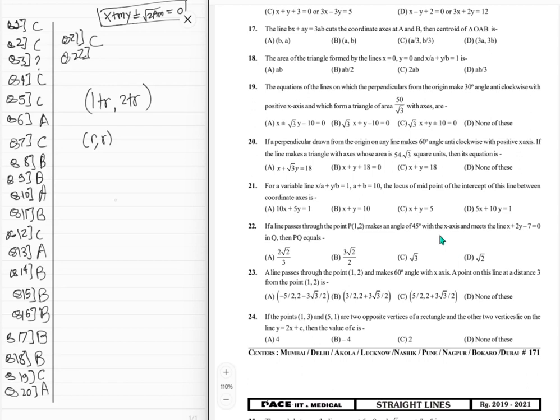Let's say that this satisfies this equation, because Q satisfies this line, and it also satisfies the line PQ. So you will have 1 plus r plus 2 times this, which is 4 plus 2r, minus 7 equal to 0. Wait, what?